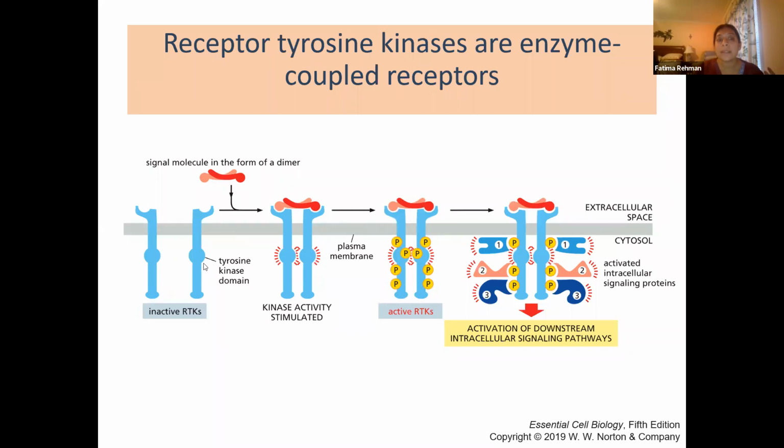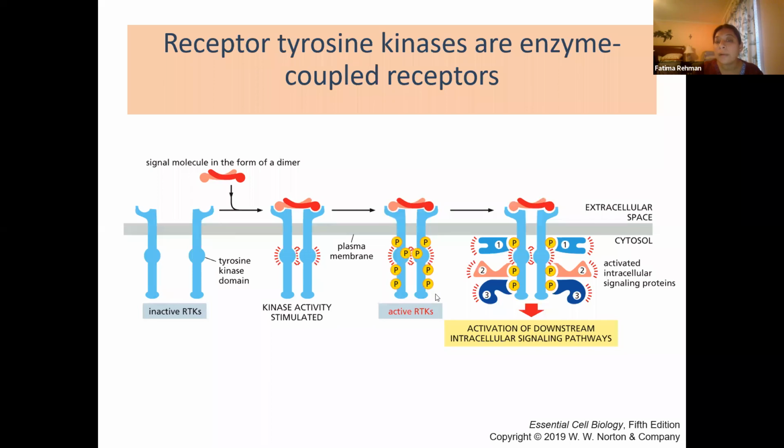So once a receptor tyrosine kinase is activated by binding of a signaling molecule on the outside, they work as dimers. So those two domains come together and the kinase activity of that particular receptor tyrosine kinase is activated. Once that is activated, multiple phosphorylations will happen all along various amino acid residues in that intracellular site.